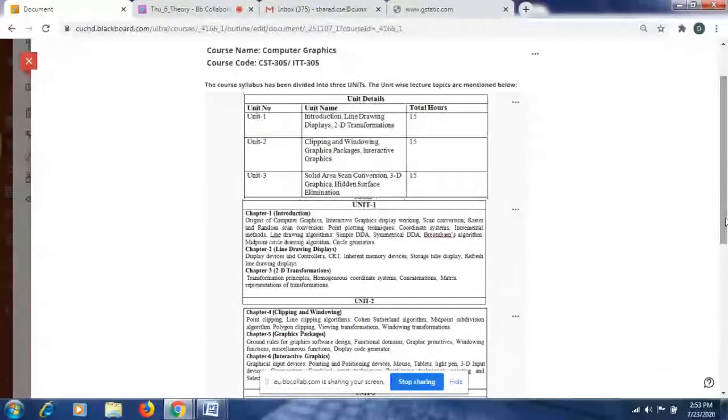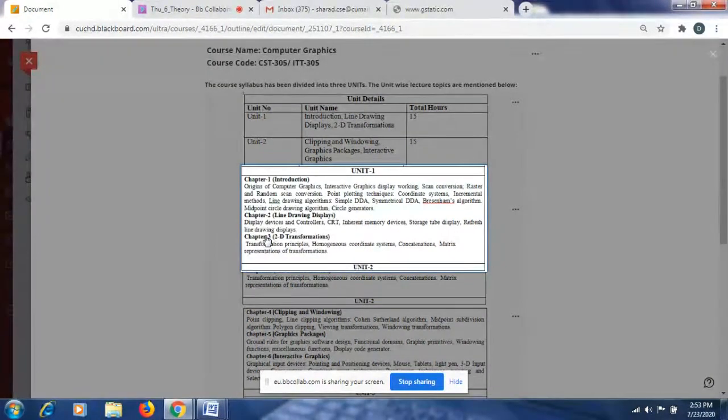So from today we will be starting the first chapter, that is introduction to computer graphics. Do you have any doubt in this first chapter syllabus? If you want to ask anything, you can ask. The first 1 or 2 lectures will be theoretical concepts.